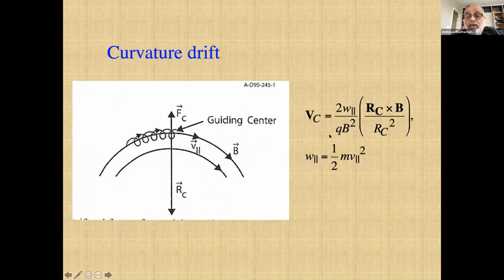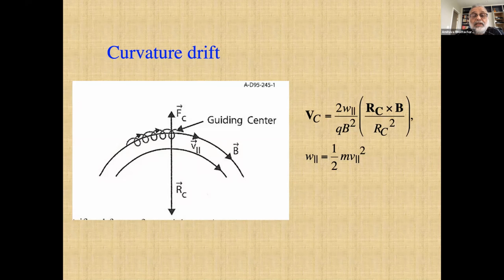This too is a charge and mass dependent drift. The curvature and grad B drift and E cross B drift are the three most important drifts that you need to keep in mind in order to understand things like the ring current in the Earth's magnetosphere, which I'll come to in just a moment.